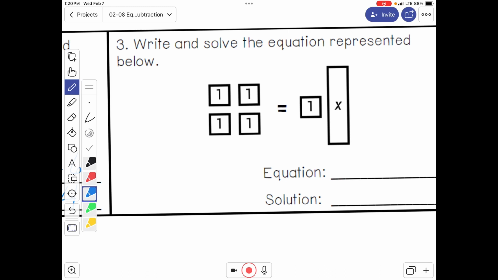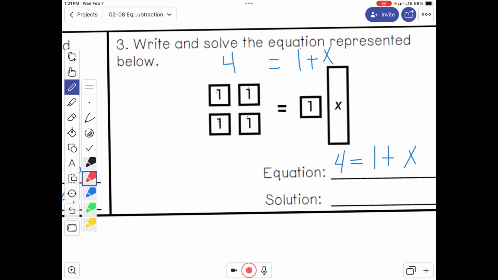This time they put the x on the other side of the equation, but we still do it the same way. There's 4 positives, an equal sign, 1 positive, and 1 positive x. So the equation is 4 equals 1 plus x. So 1 plus what makes 4?